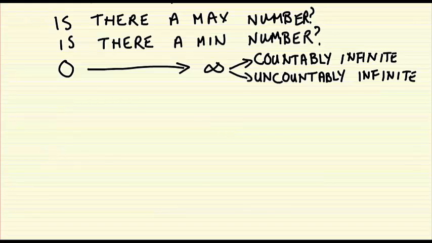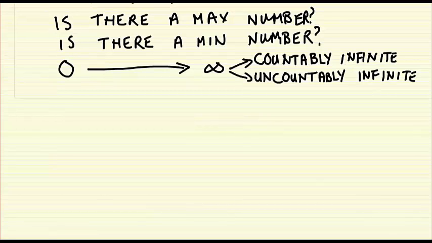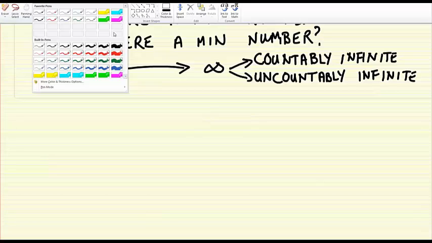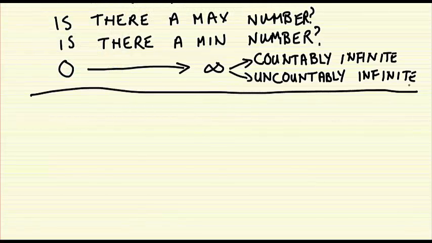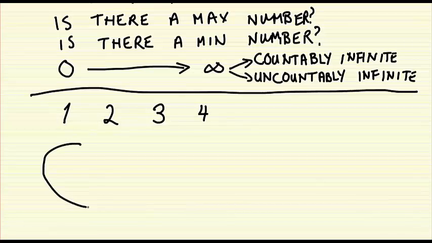Okay, let's consider some objects again, and this time we'll consider some numbers. Okay, so let's consider the numbers 1, 2, 3, and 4. And this time we'll collect them together as such.